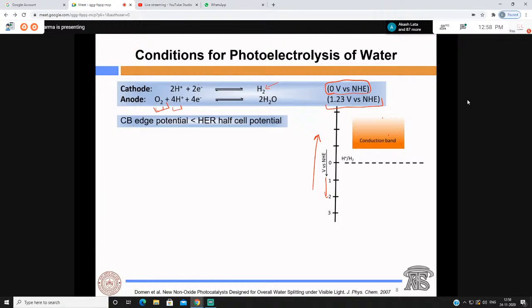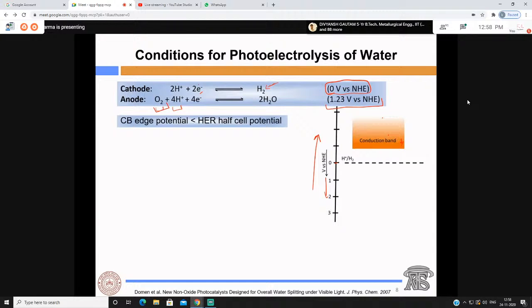We saw in the previous slide that the electronic energy levels of the conduction band are higher than the valence band. That is one thing. The other thing, on this energy scale, is the potential at which the reduction reaction happens, at 0 versus energy. And if we have a semiconductor, the electron from the semiconductor material only comes from the conduction band. So what is the condition?